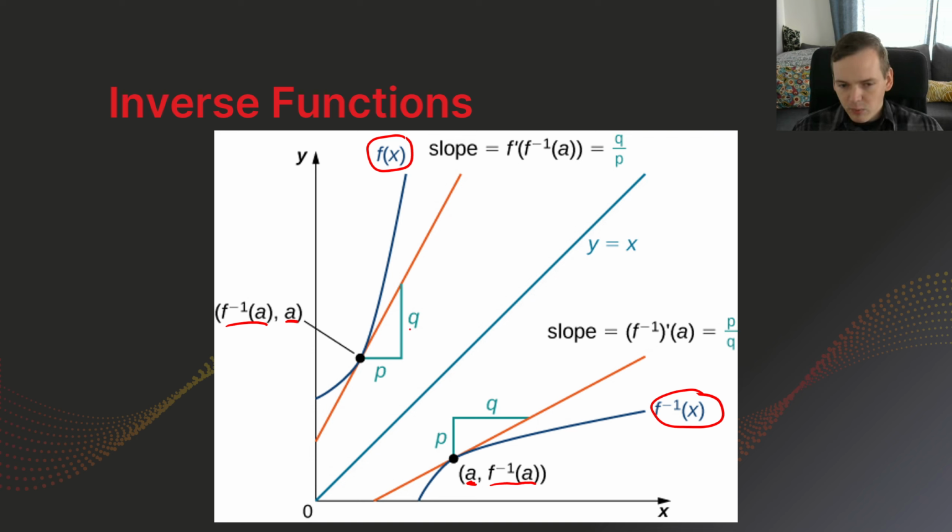If all the x and y values are switched, then any changes in the x, y values are also switched. So if there are these slopes, the p's and the q's, which are just the change in x and the change in y. In this example, the p is the change in x, but for the inverse, it's the change in y. The q is the change in y for the function. The q is the change in x for the inverse function.